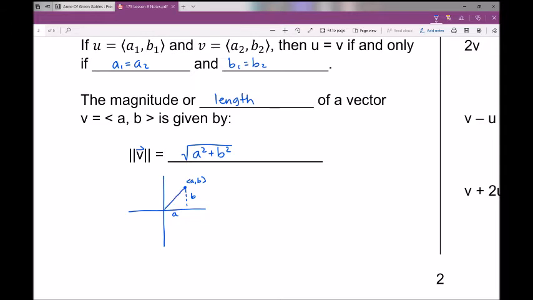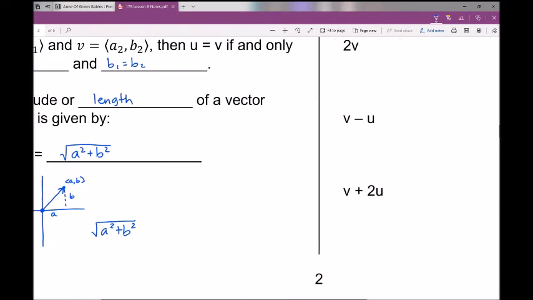So what you're looking for is that diagonal distance from 0 to that point AB, okay? And of course, using the Pythagorean theorem, you would get the square root of a squared plus b squared. Okay, so hopefully that should look a little familiar.